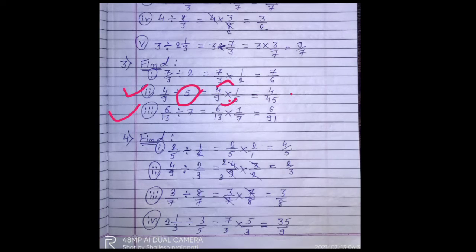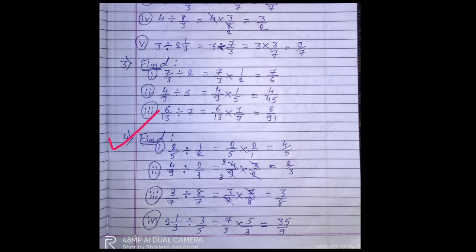Number 3, 6 upon 13 divided by 7. So 6 upon 13 multiplied by the reciprocal of 7, 1 upon 7. Then in the numerator 6 times 1 is 6, and in the denominator 7 times 13 equals 91, so 6 upon 91.